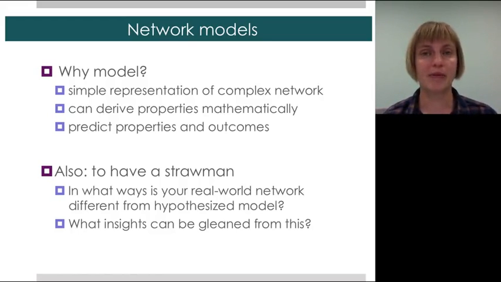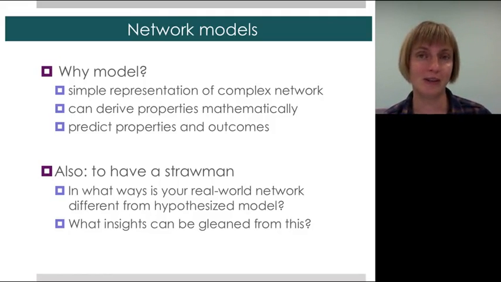So, for example, if in the dining table partner networks that you observe, you see that some girls have many more incoming edges than others, and your model is that partners are chosen at random, you may or may not be able to reproduce that observed degree distribution of some girls having much higher degree than others.